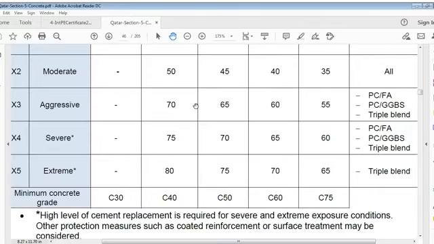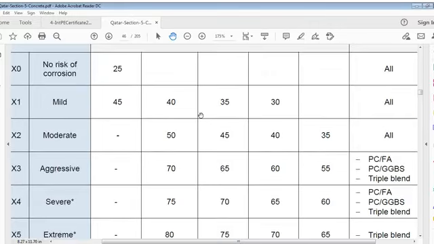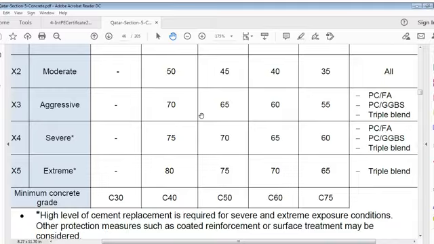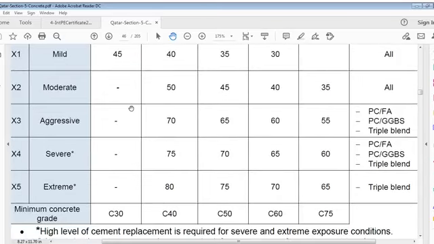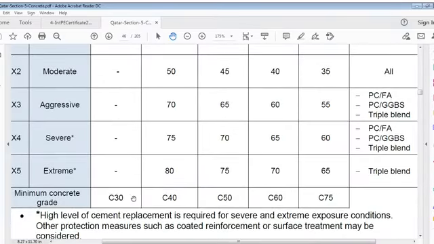So C30 is not a big problem in this case except in mild, and then in C30 these cannot apply: moderate, aggressive, severe and extreme.